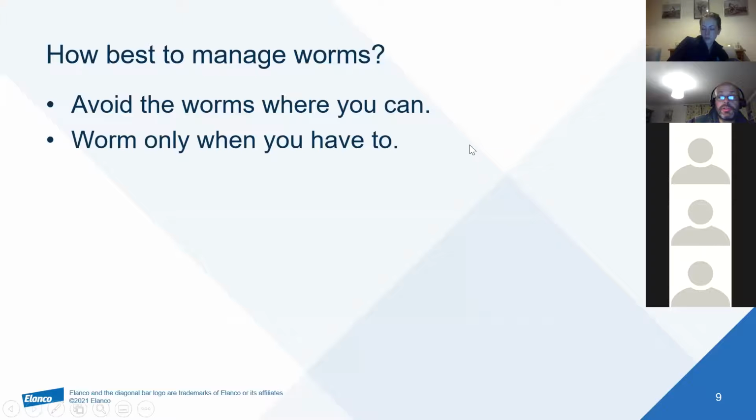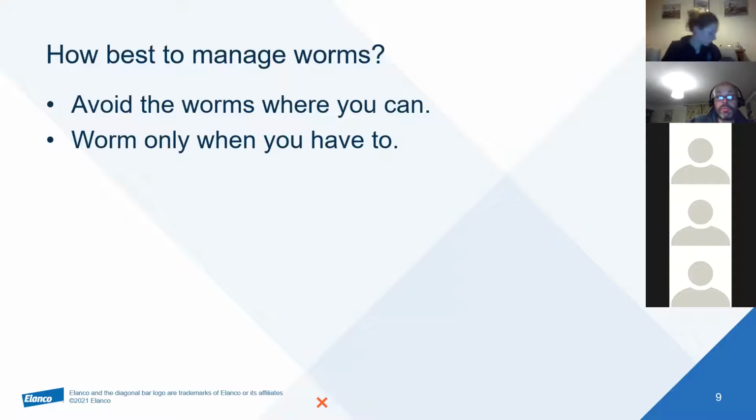Number two is we really need to move away from worming at fixed times. So we've got to think about, let's just worm things when we need to. And that's because the weather's changing and the worms are changing their habits alongside the weather, which means that if we stick to traditional worming times and periods and don't adapt as the weather changes, we'll miss the boat.